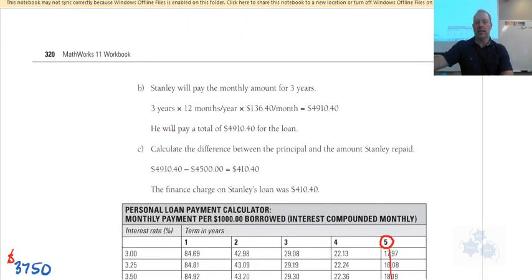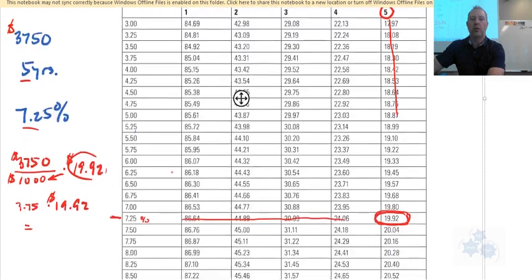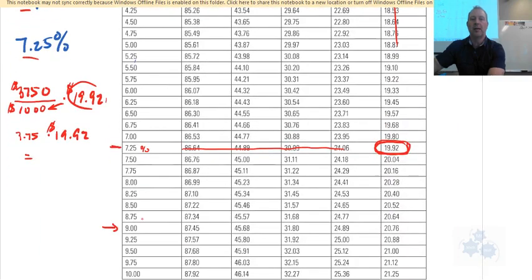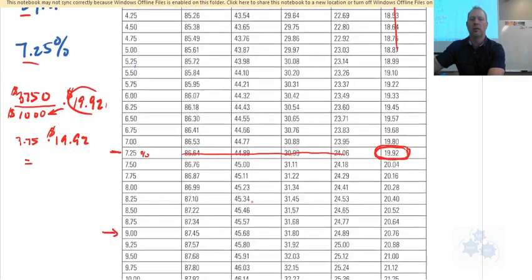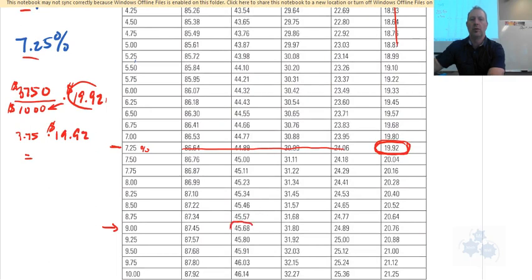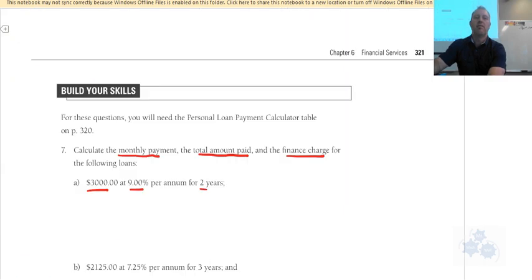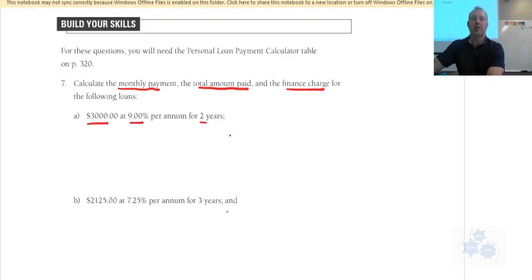So let's go back to the calculate page. We want to go to 9%, that's right here, for how many years? Is it 2 or 3? 2 years. So that's the payment, $45.68, that would be for $1,000. Okay? 45.68 is the payment, times 3,000 over 1,000. So we want to know how many groups of 1,000 we have in our actual amount of money that we need to pay on.